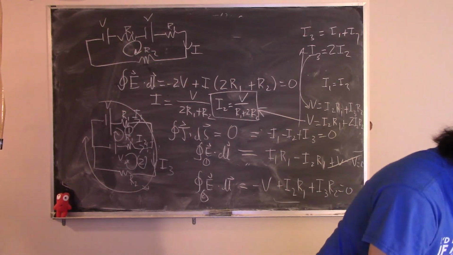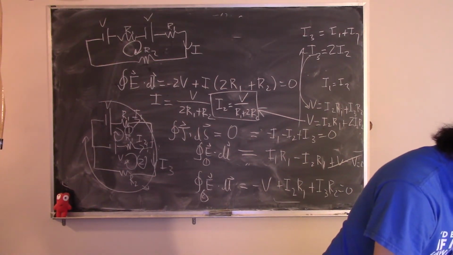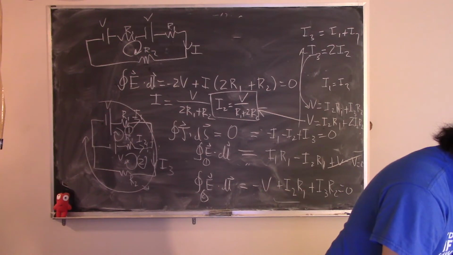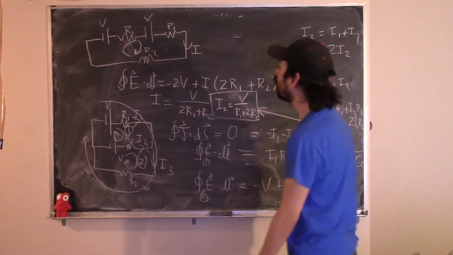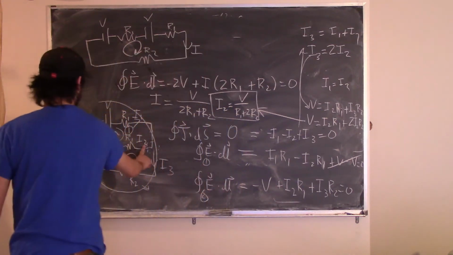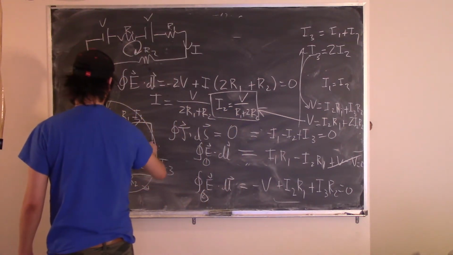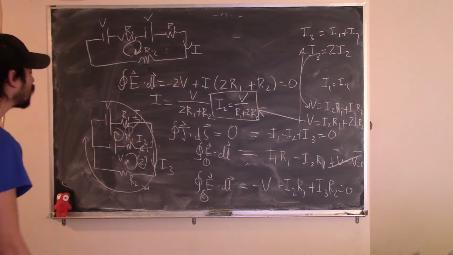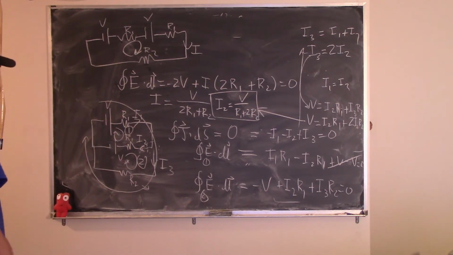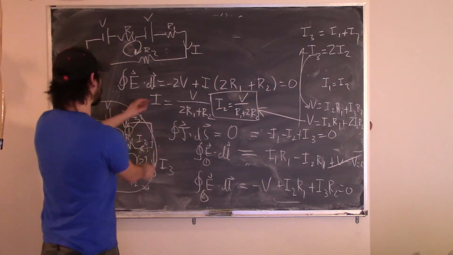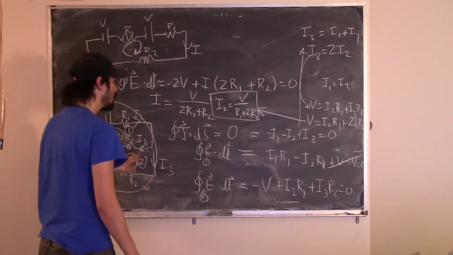Eric says, I know we can choose which direction the current can flow. Would it be wrong to have I2 flow in the opposite direction of what I've drawn? No. So what you're asking is, can I draw I2 going this way? You can absolutely do that. You can draw any one of these currents to go whatever direction you want.